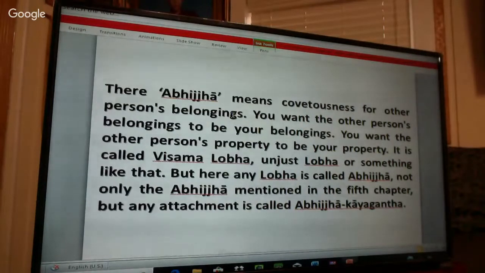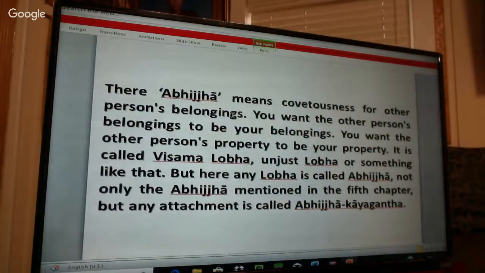Here, it is not only abhijjha; it is Abhijjha Kaya Ganta. Only abhijjha, every time we say only abhijjha, is Mano Kamma. We need to understand that. But Abhijjha Kaya Ganta is all kinds of attachment, bodily or verbally or mentally.